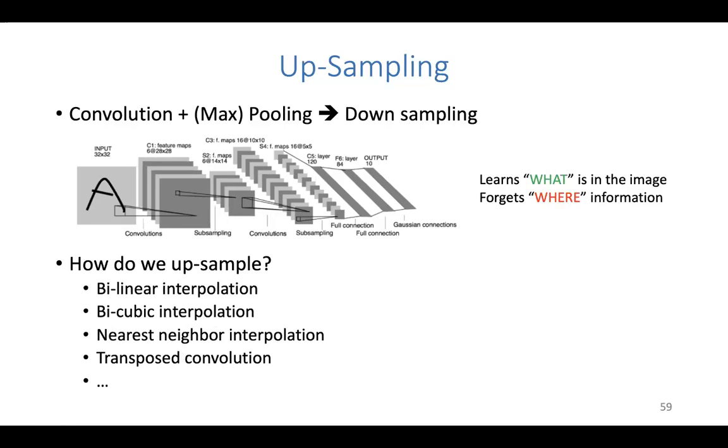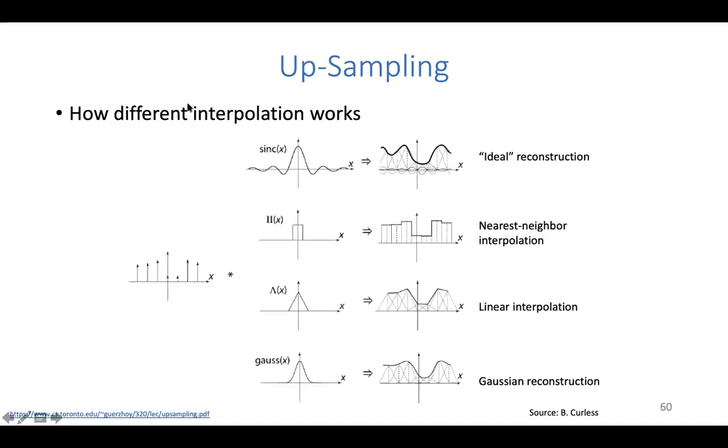And actually, this is kind of like the opposite of convolution. There are filters involved in transposed convolution, and you need to learn the parameters of the filters. So this is a diagram of how different interpolation works. This is your original image.